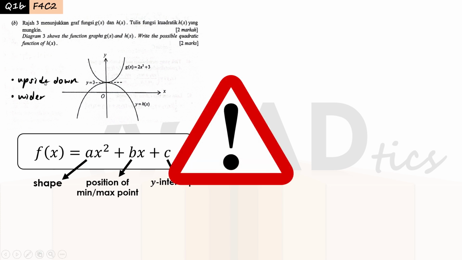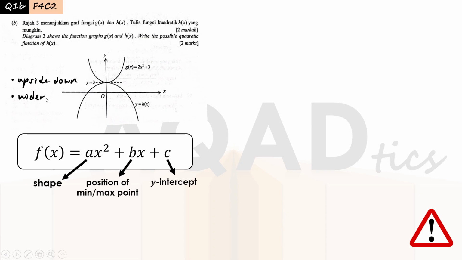So now with these two differences, we need to identify whether it relates to A, B or C. For the first difference, if we see the shape of the graph, right, we know that if the graph is a smiley face, then the value of A is positive or greater than 0, as we see here.